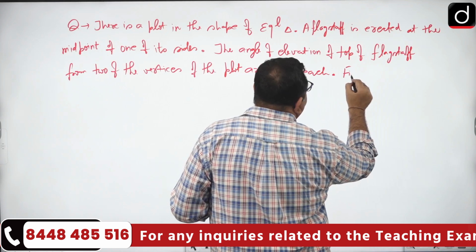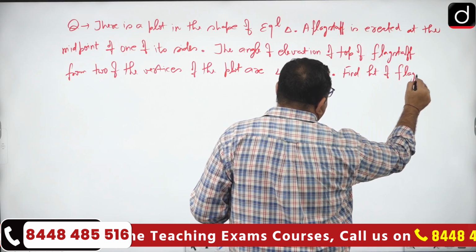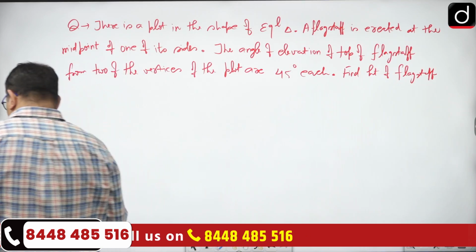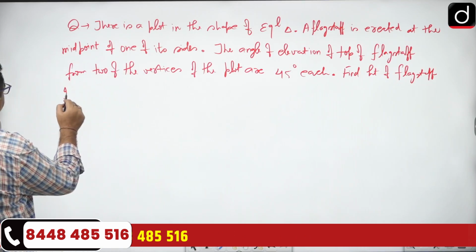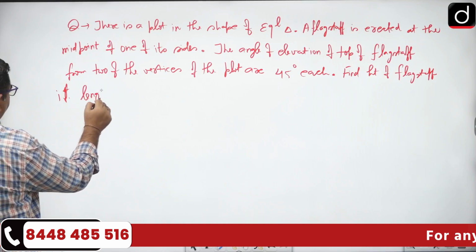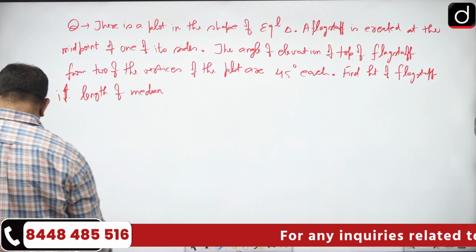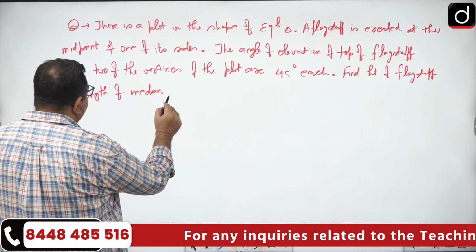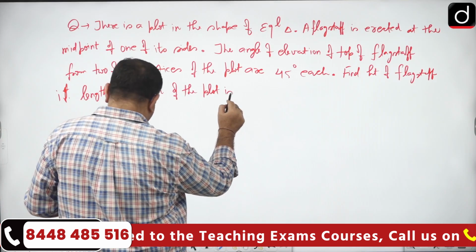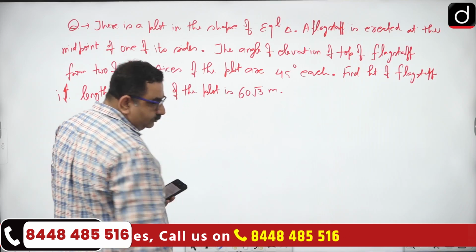So we have to find the height of the flag staff if the length of the median of the plot is 60 root 3 meters.